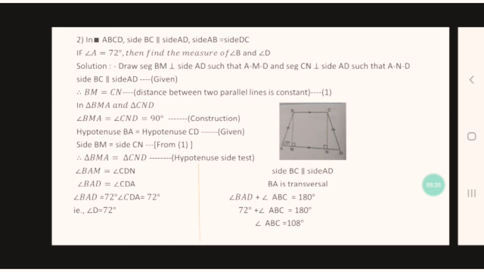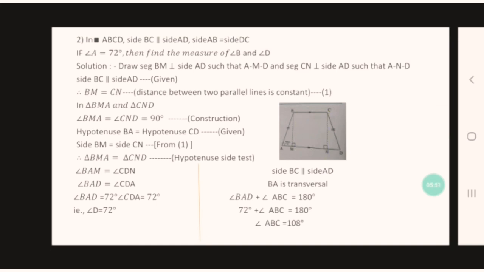Okay. So in triangle BMA and triangle CND, angle BMA is equal to angle CND, each 90 degree. Okay. Now hypotenuse AB is equal to hypotenuse CD. It is already given to us. Okay. And BM is equal to CN.